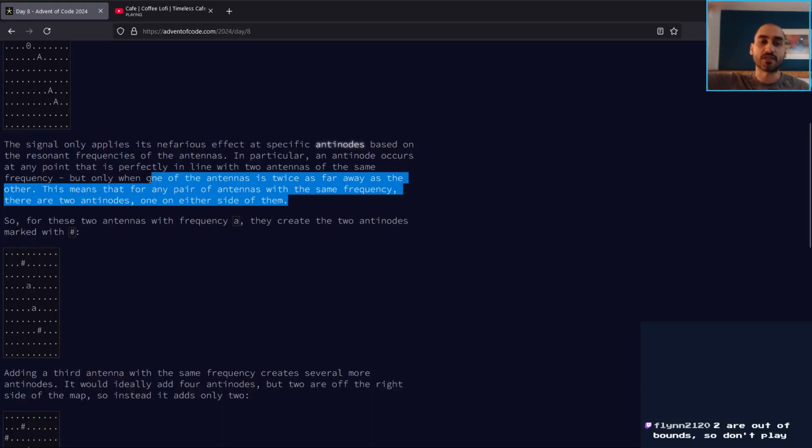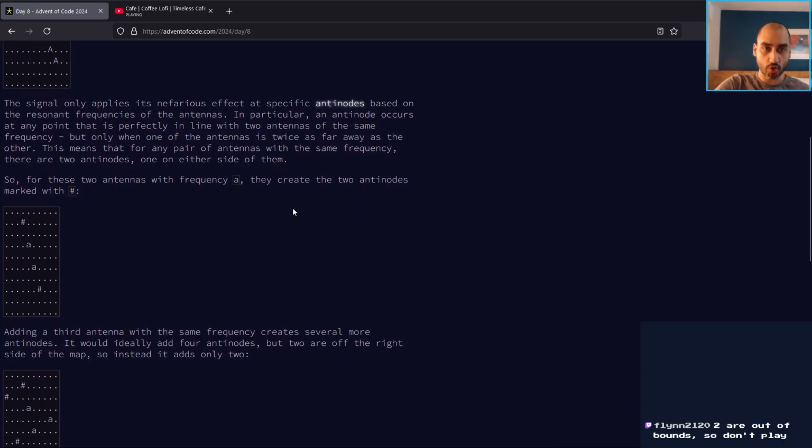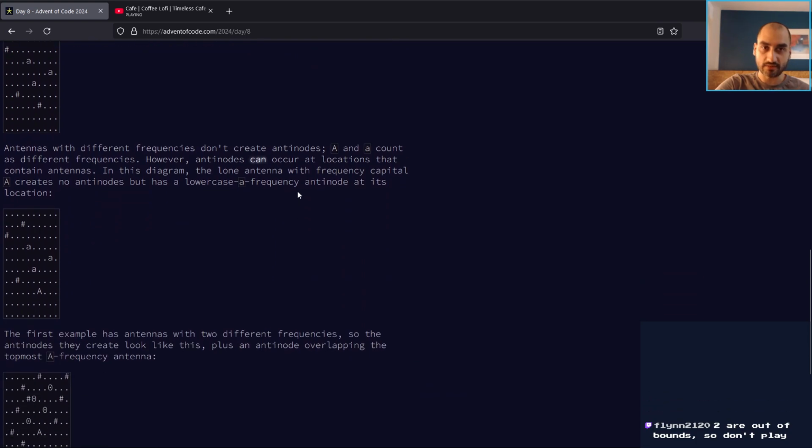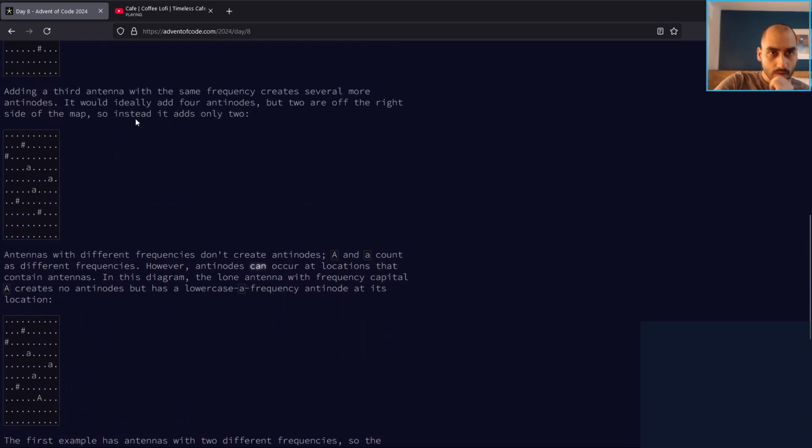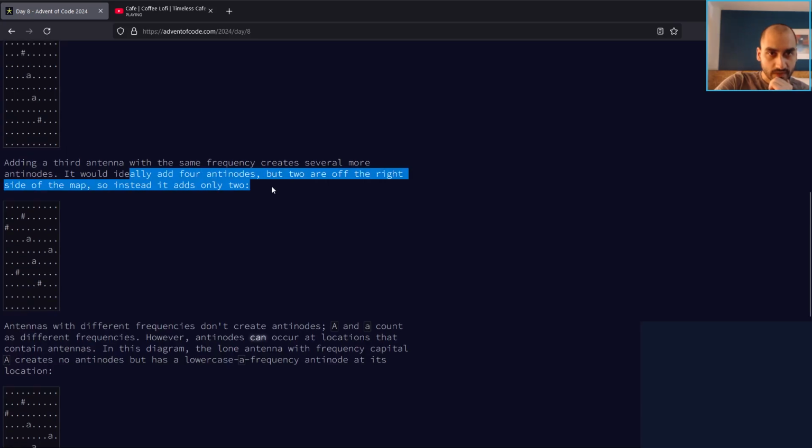Okay, assuming it's an infinite grid, there's always 2, because you just take the vector from one node to the other, and then repeat that vector, and that'll get you to one of the antinodes, and do the same the other way. But the ones on the insides may or may not exist, depending on, I don't know, coprimality or something. We'll figure that out later. So 4 antinodes.